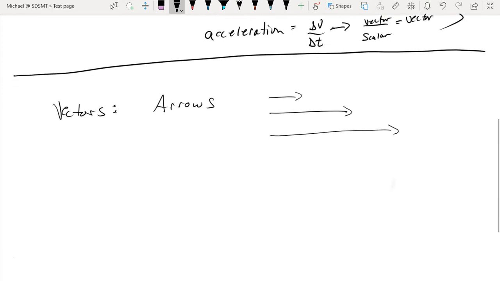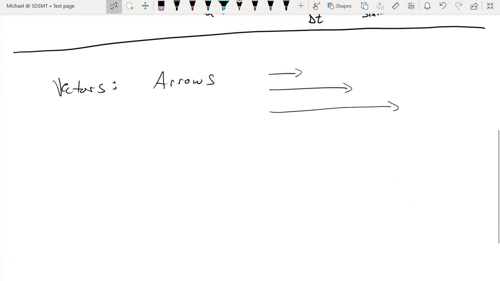Now this can get kind of tricky if you're trying to be exact in your drawings and in the measurements of the lengths of these arrows and the directions that they're pointing. That's going to become pretty demanding in terms of your drawing skills and how accurate you're able to make these drawings.